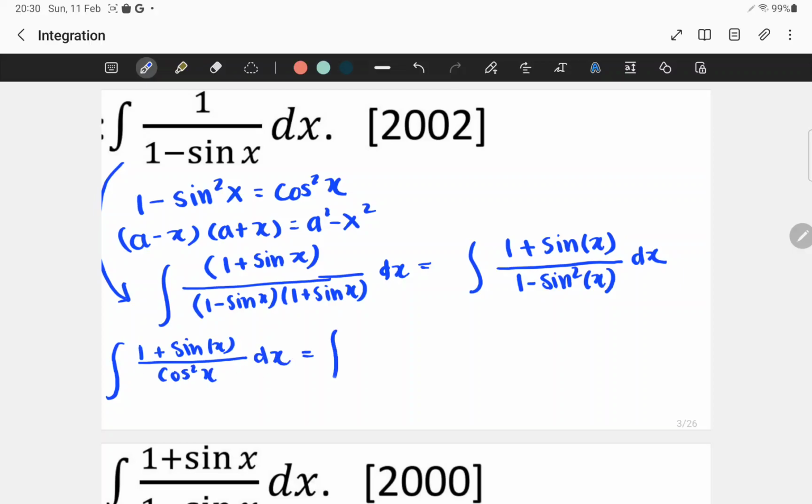So now we will do, if you remember 1 over cos square x is sec square x.